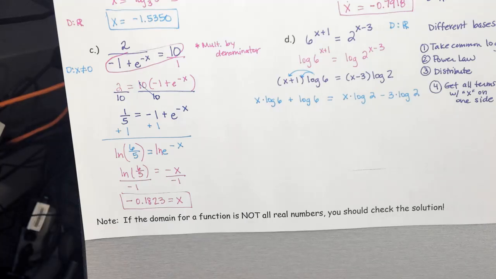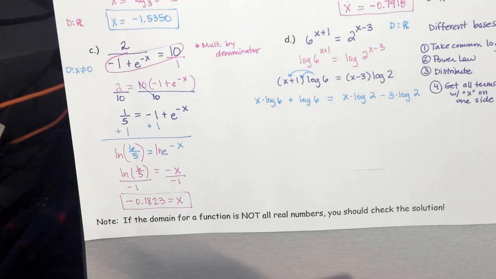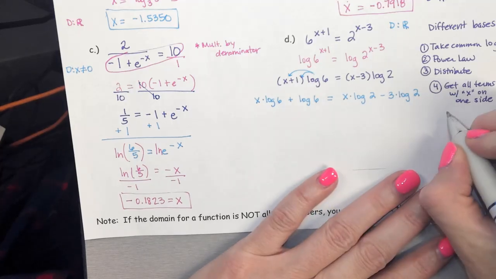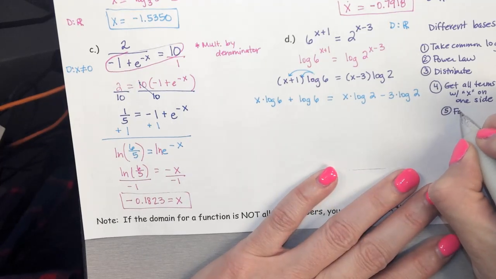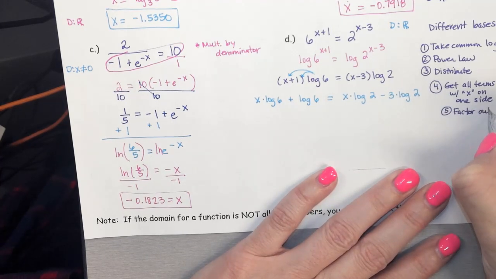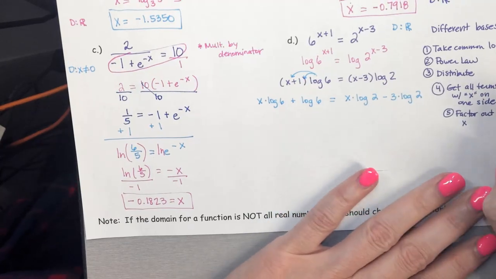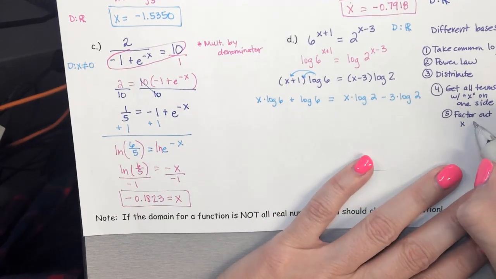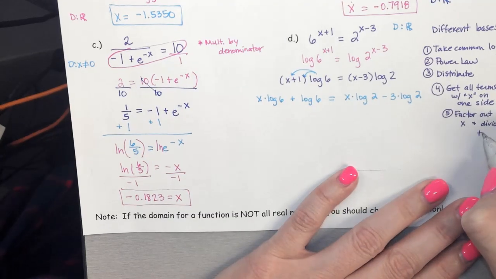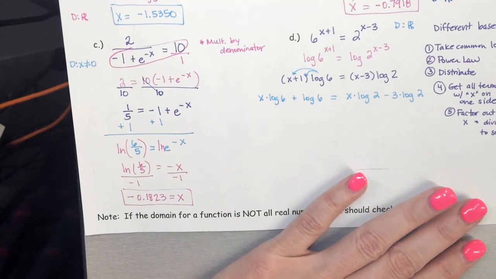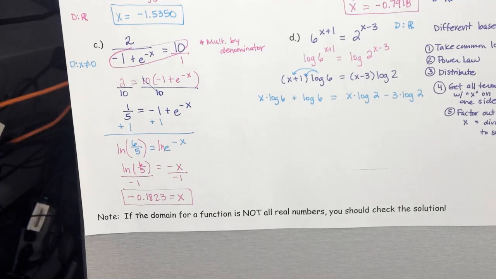The reason we're doing that is so we can factor out the x. Once you can factor out the x, you're going to divide to solve.